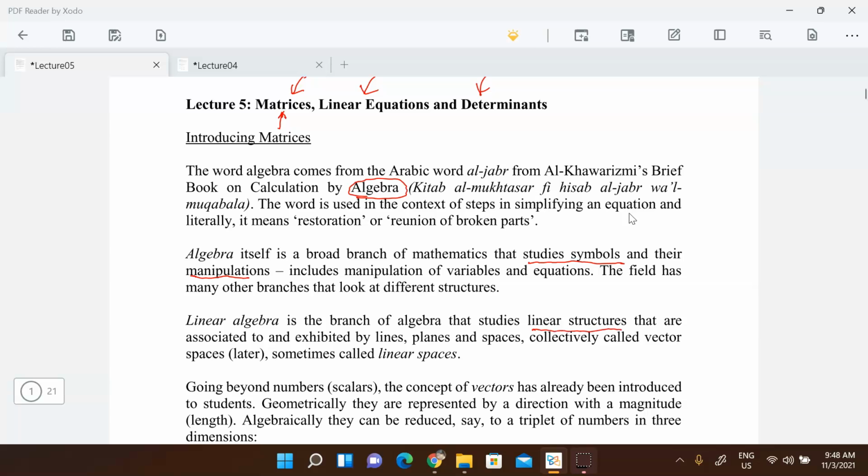We shall define what this is later on. These linear structures are related to another structure in mathematics called vector spaces. Generally we call these linear spaces because the space obeys such linear structure.